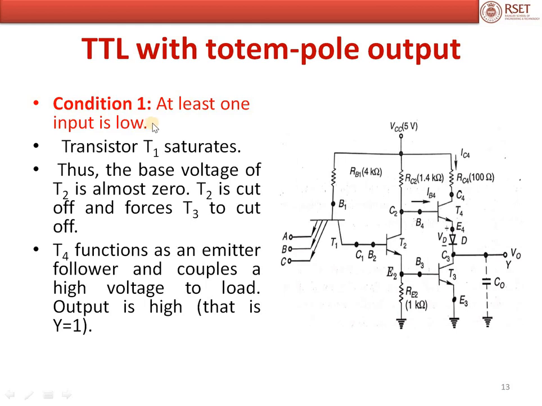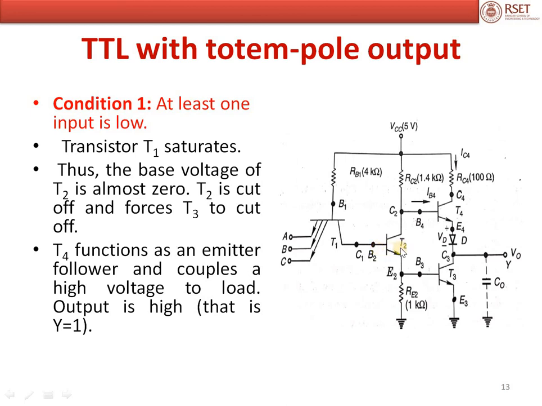So first condition, let at least one input be low. If any one of the inputs is low, the corresponding base emitter junction of transistor T1 is forward biased. So this transistor T1 goes into saturation, or it becomes on. Thus the base voltage of T2 is almost 0.